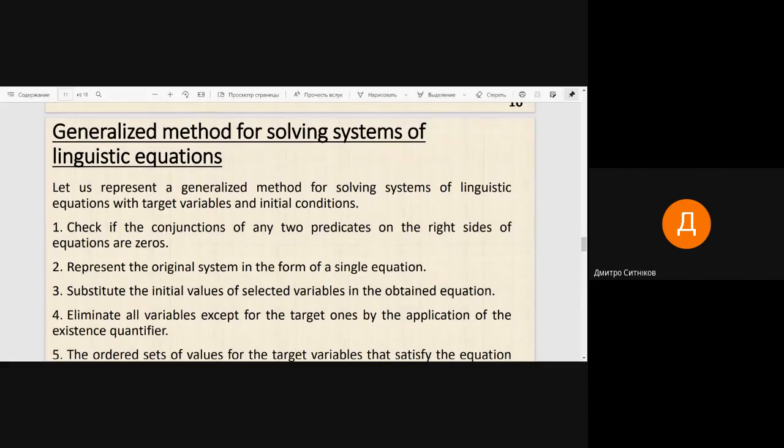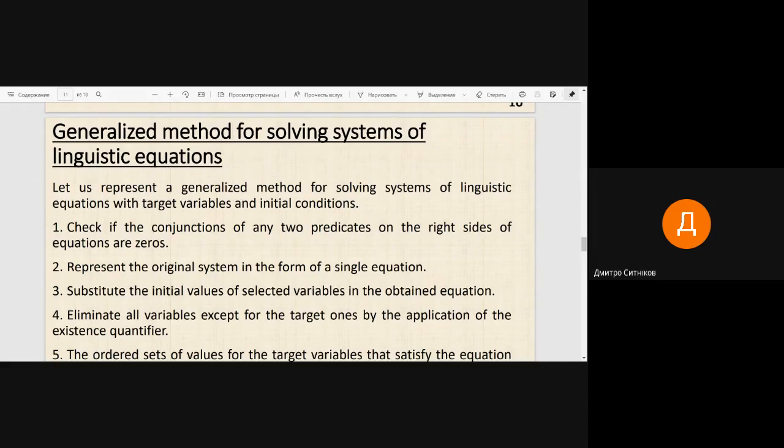The generalized method for solving systems of linguistic equations looks as follows. Let us represent a generalized method for solving systems of linguistic equations with target variables and initial conditions. Check if the conjunctions of any two predicates on the right sides of equations are zeros.